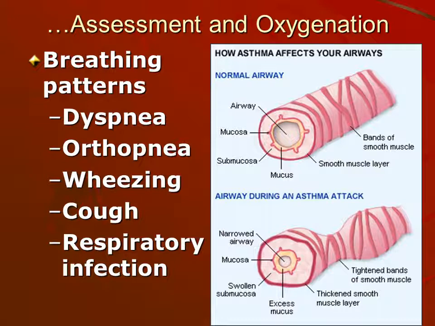We want to ask if they've had any exposure to tuberculosis. We also want to know if they have any intravenous drug use history, any blood transfusions, unprotected sex partners, homosexual lifestyles.